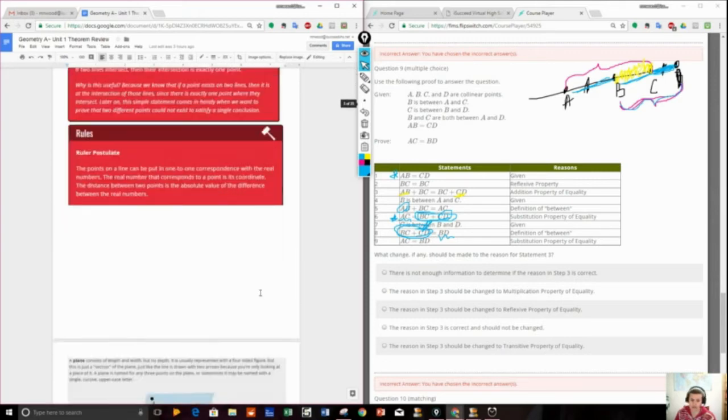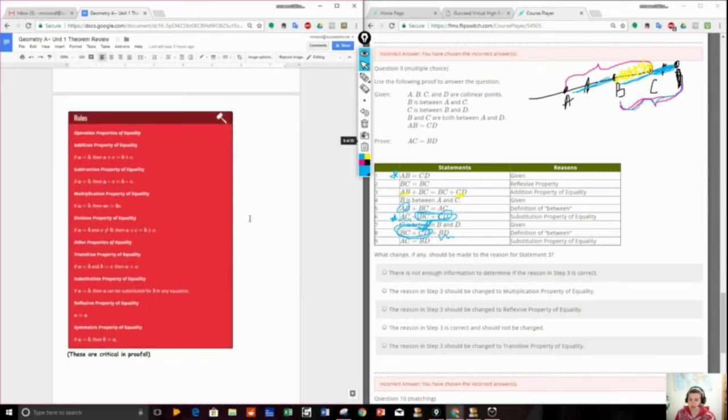Okay, well, let's scroll down to our axioms and theorems. And let's first just look at the addition property of equality to see if they were correct. And right here, addition property of equality. If A equals B, then A plus C equals B plus C. Okay, so let's talk about what they did. So right here we have our two different things. AB equals CD. There's the first statement.